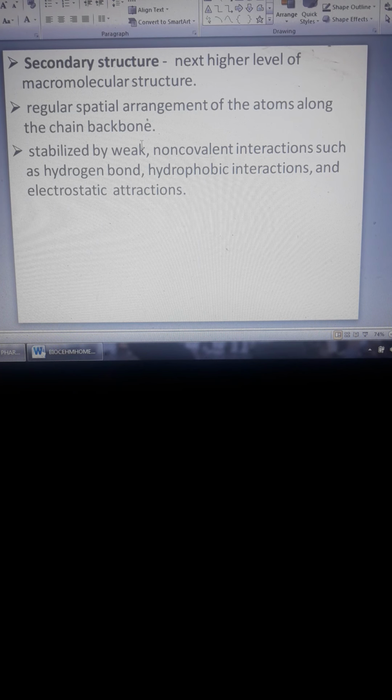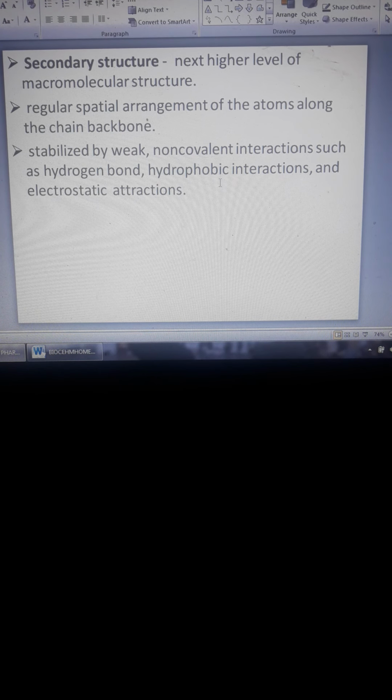Later I can show you about the backbone, wherein there's a spatial arrangement, a space between the two chains of a polypeptide. It is stabilized by weak non-covalent interactions. There is no sharing of electrons, such as hydrogen bonding or H bond.